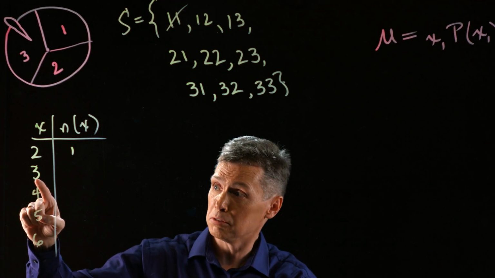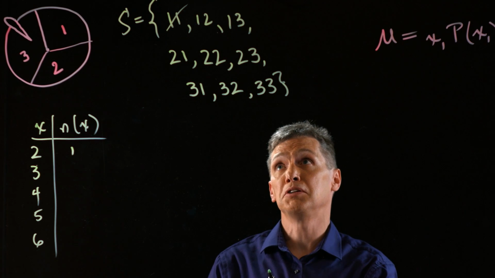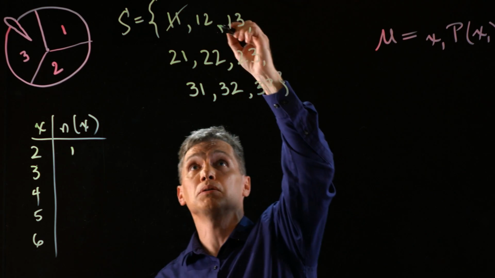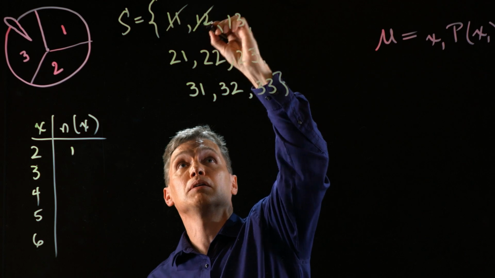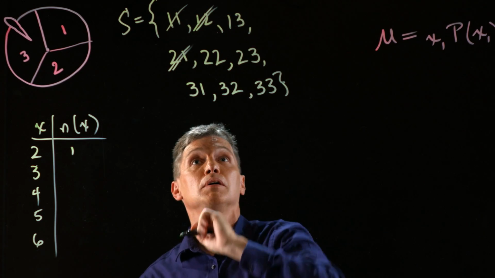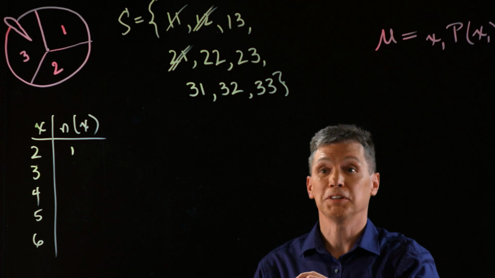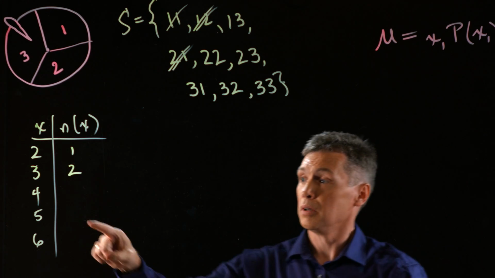The next variable value is 3, so I'm looking for these pairs of digits that would add up to 3. So let's see, adding up to 3, that's 1, 2, and that looks like it. So I would have a frequency of 2.